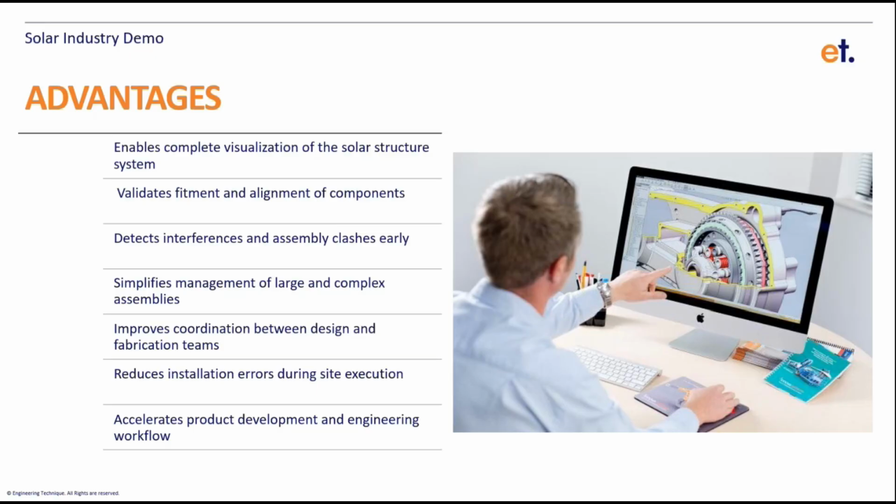If there is any part or component which is colliding with each other, you can determine that at an early stage. Then the main thing is it improves the collaboration and communication between teams. Because if there is a site team located at the particular site and the design team shares the CAD model data, they can check and validate that the component is okay or needs any required changes.